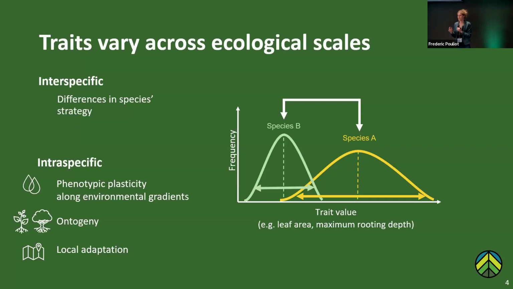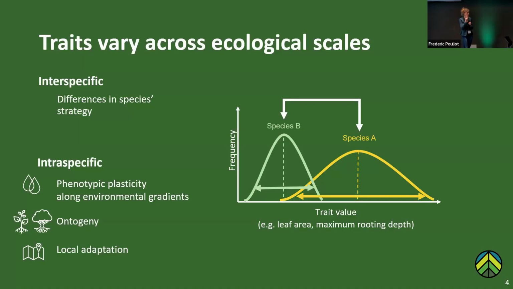Why is there intra-specific variation? First, because plants are capable of adapting to their environment. So they show plasticity across environmental gradients. For instance, leaf shape and leaf area will vary across light conditions. The second thing that you probably know, because most of you are foresters, is that juveniles do not present the same characteristics as mature trees.